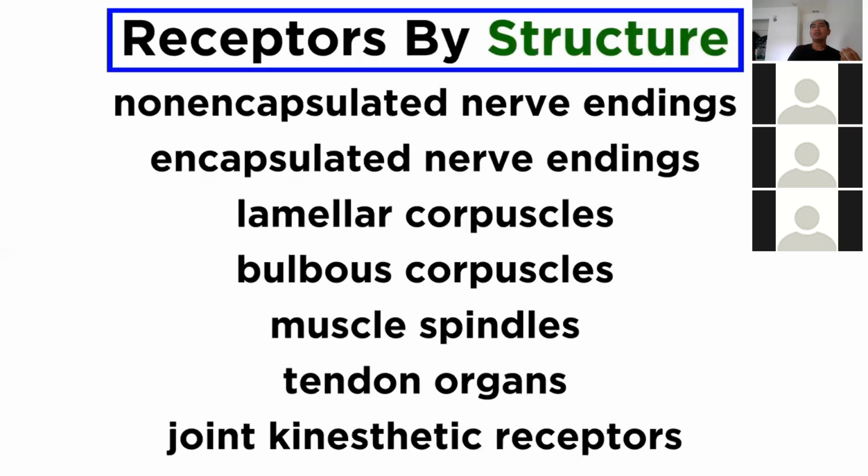Now, receptors by structure. We have non-encapsulated and encapsulated receptors: lamellar corpuscle, bulbous corpuscle, muscle spindle, tendon organs, joint kinesthetic receptor. We put these muscle, tendon, and joint receptors into proprioceptors. And for the rest, we have a little look.